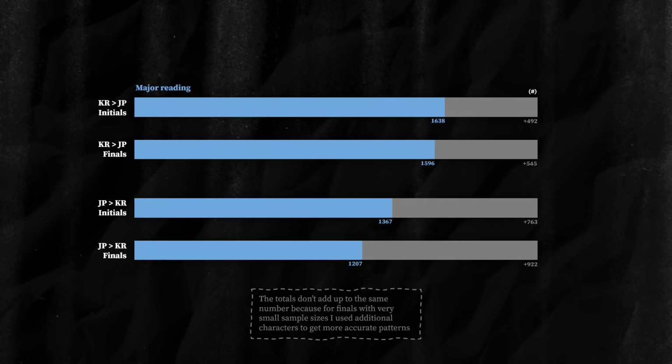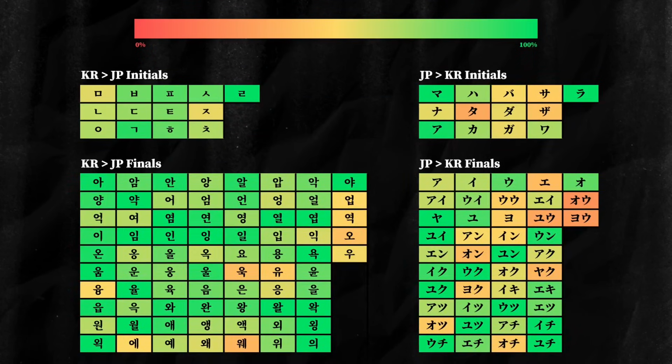And as you can see, this figure hovers around 75% if we try to guess Japanese readings based on Korean ones, but the other way around is only about 60%. You can see it on this graph, where green signifies 100% likelihood that the major reading will be correct, and red signifies 0%. As you can see, it's greener for the Korean to Japanese transfer. I will test these numbers on real words at the end of the video.